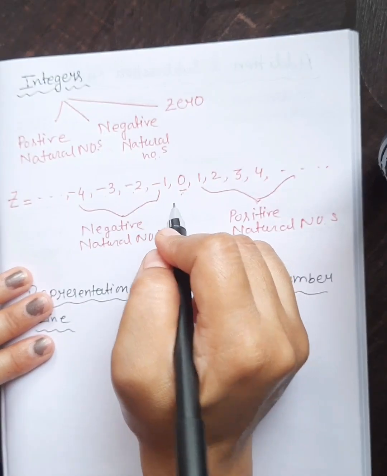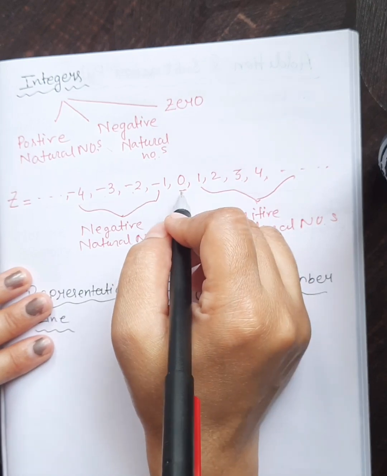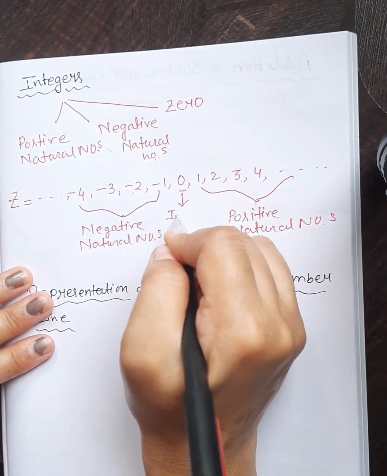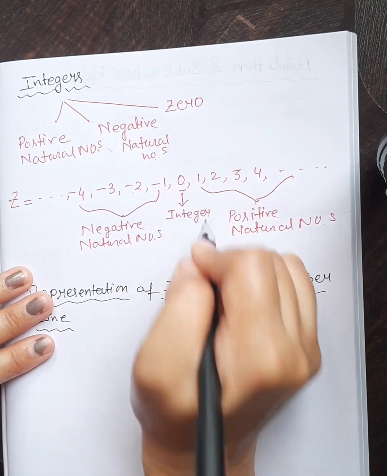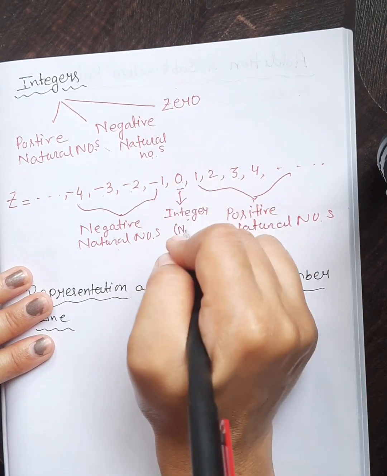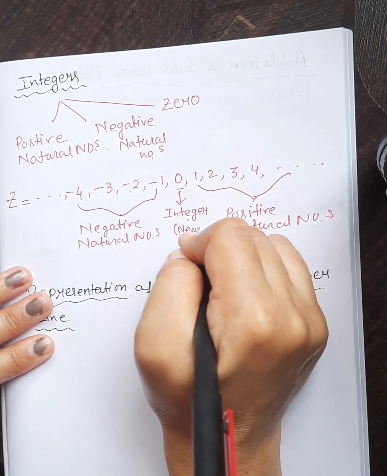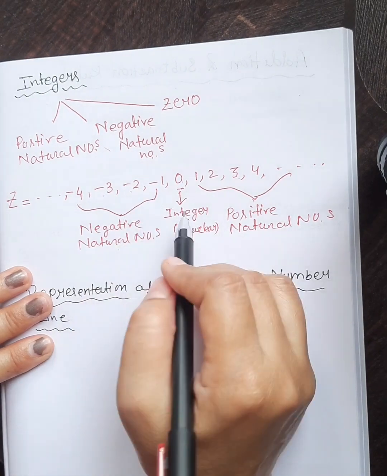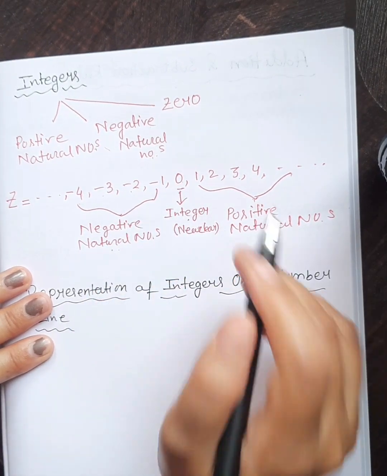And 0 is an integer, but 0 is neither negative nor positive.